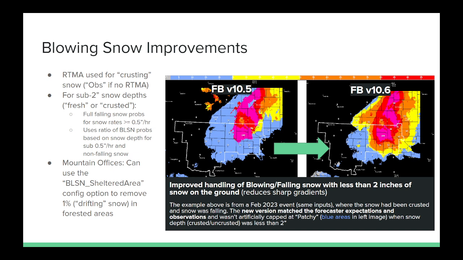If you have sub 2-inch snow depths, there's been a lot of feedback with regards to blowing snow not being calculated correctly, and so there have been some adjustments, detailed here on the slide, and you can see the improvement between 10.5 and 10.6 to increase the amount of blowing snow in these situations. And also for those offices in mountain areas, you can use this blowing snow sheltered area, which will get rid of any of the drifting or patchy snow that you would experience within the blowing snow output in forest areas.